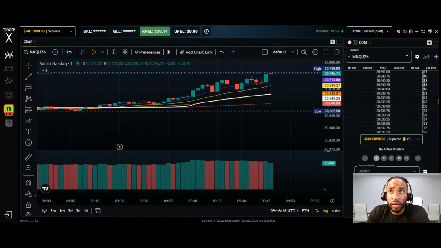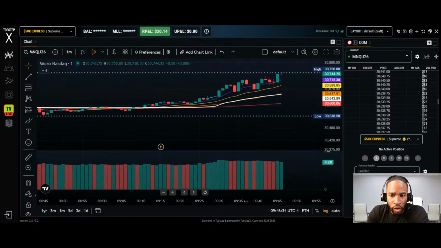Use caution. If the sellers step back in, I'll go short once again towards the downside, and I'll sell near the yellow EMA.